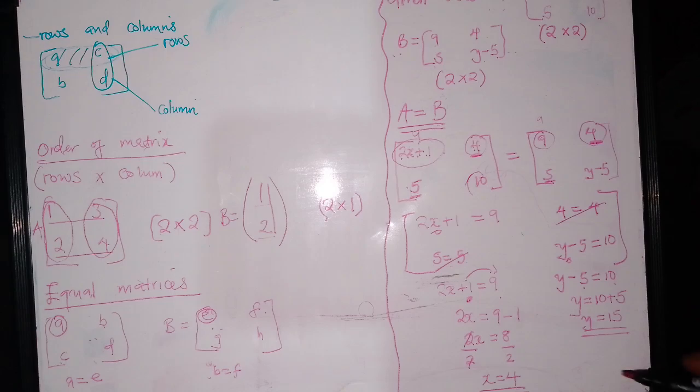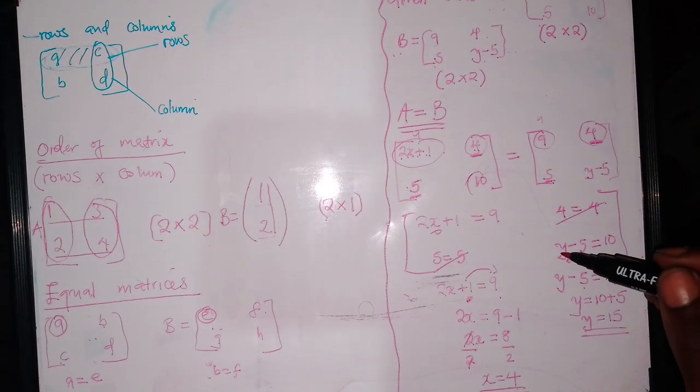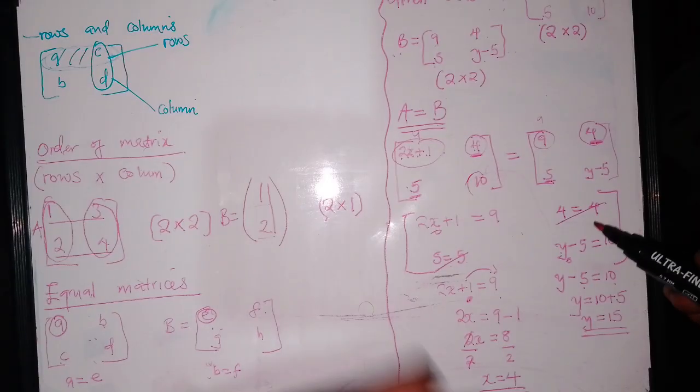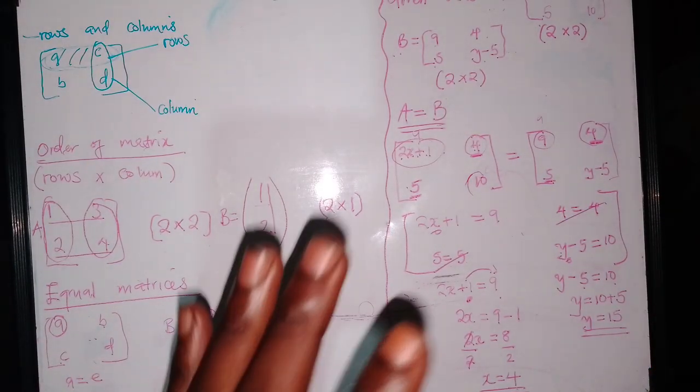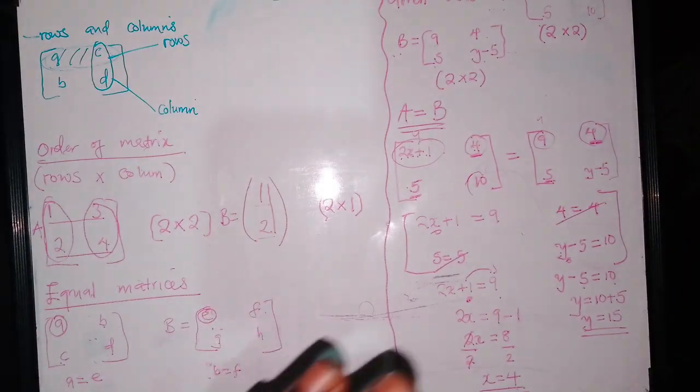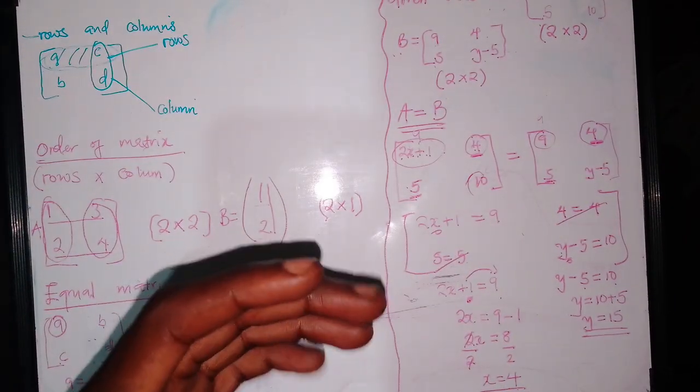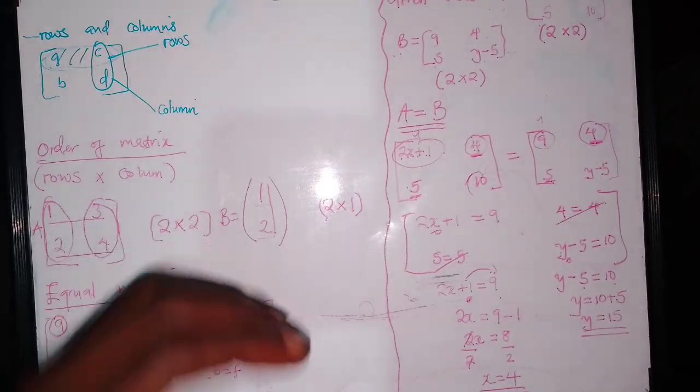If you replace 15 where there is y, you get your answer to be 10, which is in matrix A. So this is how you can solve equations using the order of matrix.